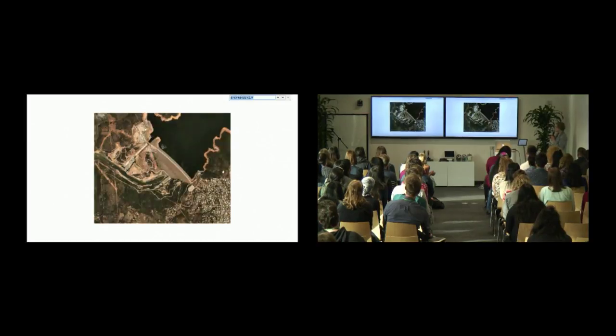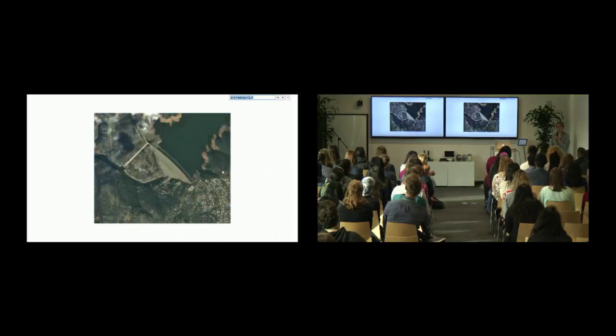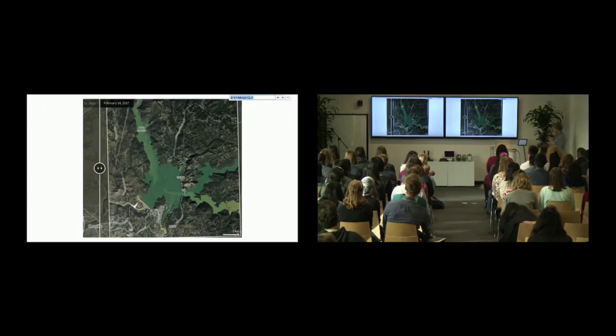This is Lake Oroville when the dam overflowed. And I think it was back in February, people were pretty scared. And then, I'm not sure I'm going to be able to get this to work, but this was just a little slider I made showing that particular dam before and after the flood.